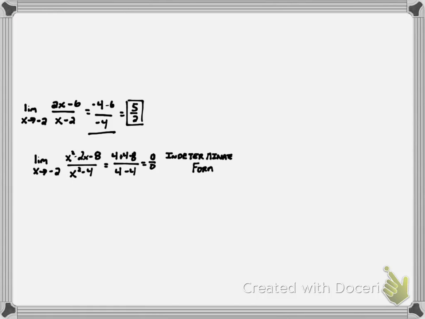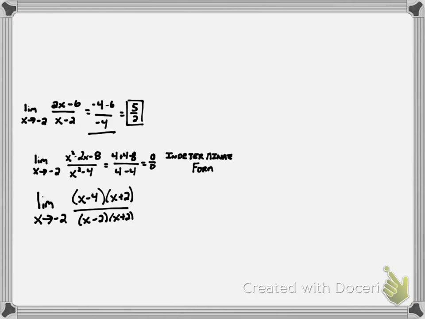We may have noticed this from the beginning, and if you do notice it at the beginning, it's always worthwhile to do: the numerator of this function happens to factor, and it factors into x minus 4 times x plus 2, and the denominator of this function factors into x minus 2 times x plus 2.